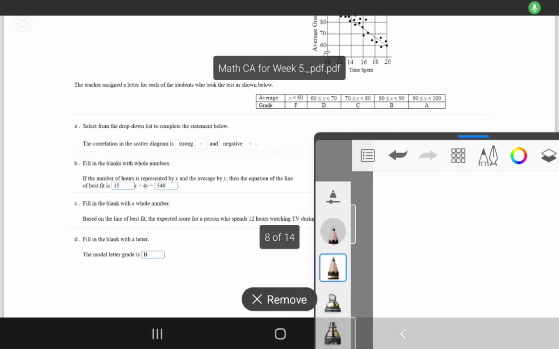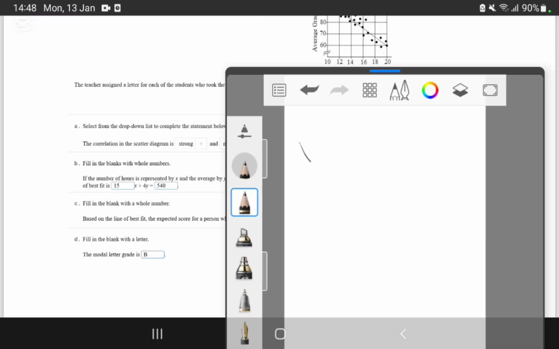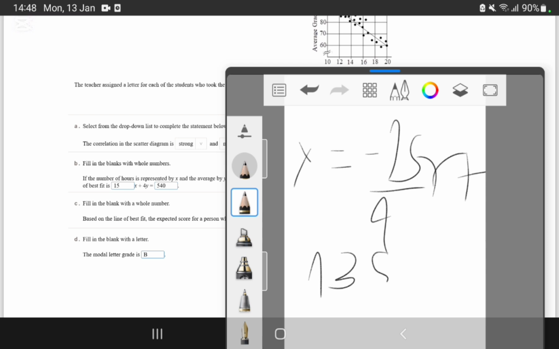Now that we have the equation y equals negative 15 over 4x plus 135.